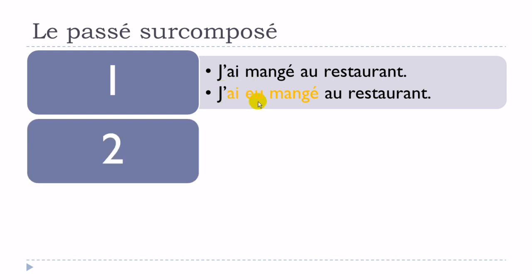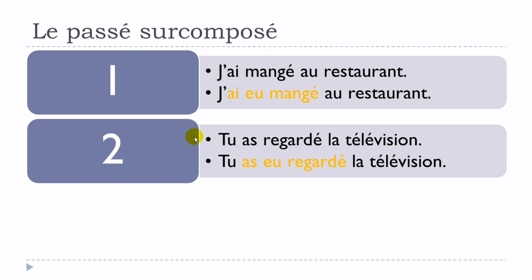Let's take a second example here. Tu as regardé la télévision. Exactly the same concept. The first sentence is in the passé composé, so you get this avoir in the present tense, and then the participe passé. Tu as regardé la télévision. I've got some problems with my mouse, sorry. And then the second sentence, tu as eu regardé la télévision.